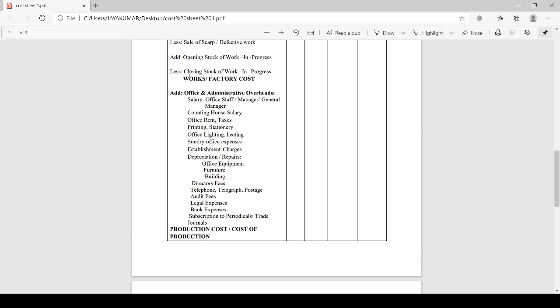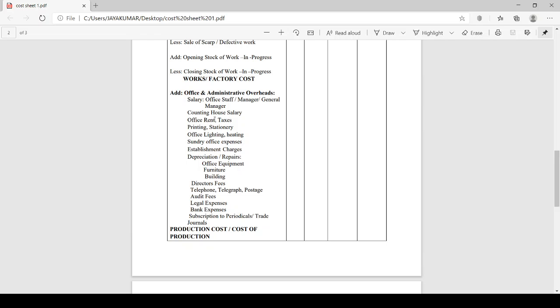Now, you can just see one by one: salary of the office staff, salary of the manager, salary of general manager, counting house salary. This is an item. Now, what is this counting house? It was a term which was used in the earlier period, for the accounting house wherein the counting was actually being done.